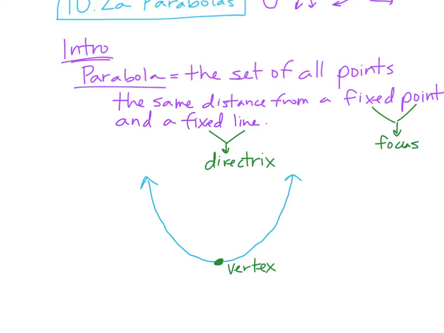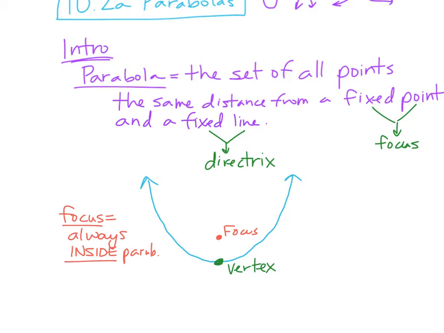Okay, and then it says that you have a focus and a directrix. The focus will be a point inside the parabola. Your focus is always inside the parabola. So this would be our focus. And then we have the directrix, and the directrix is a line that the parabola never touches.